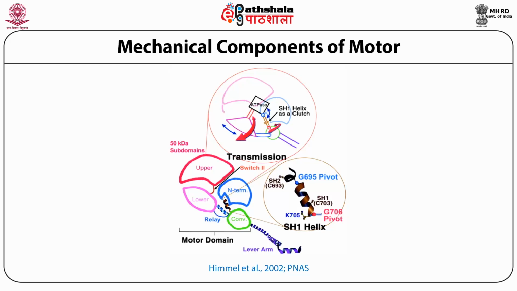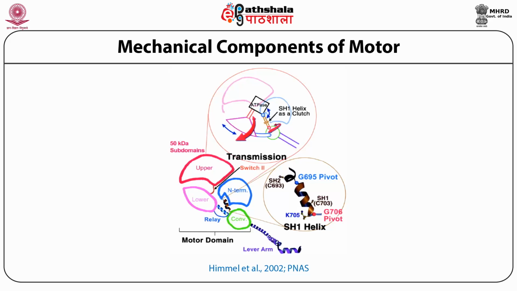Once you press the clutch, you don't change the structure into the productive movement of the gear. When you have ATP bound, the SH1 helix melts, and the nucleotide binds and releases, as you can see at the center.